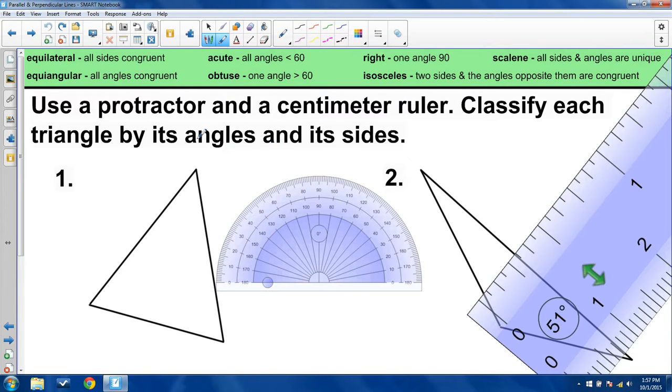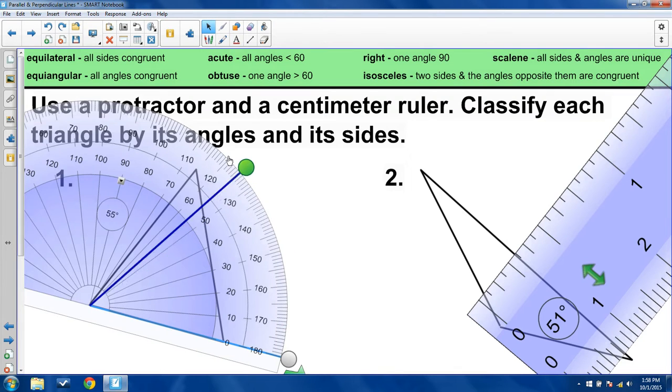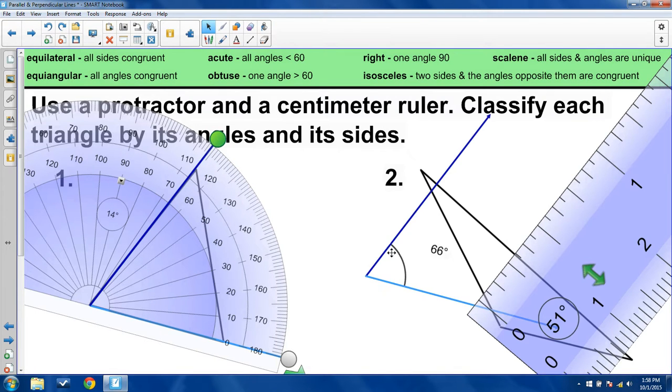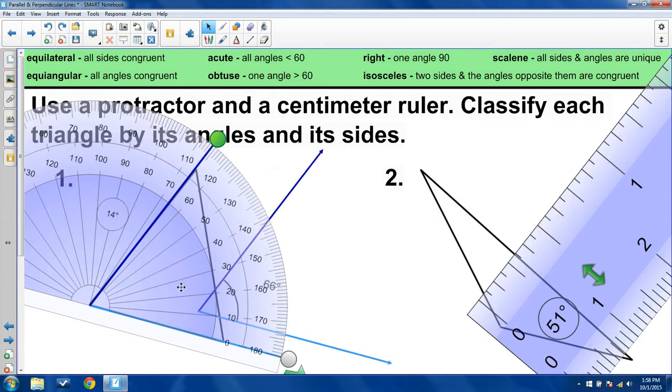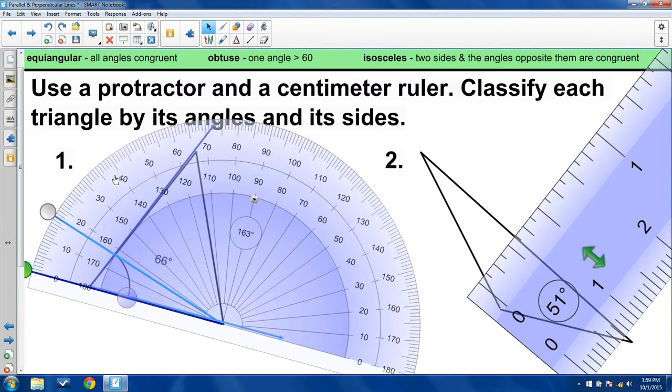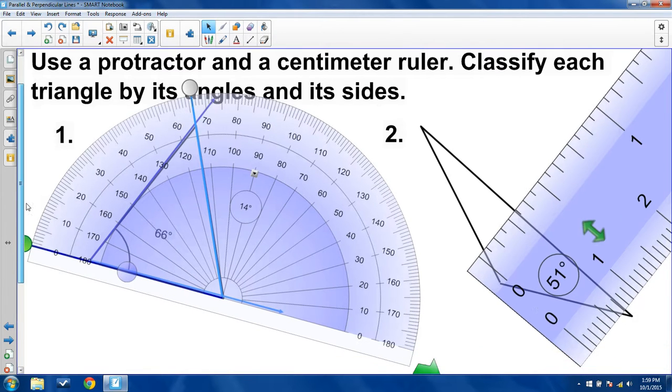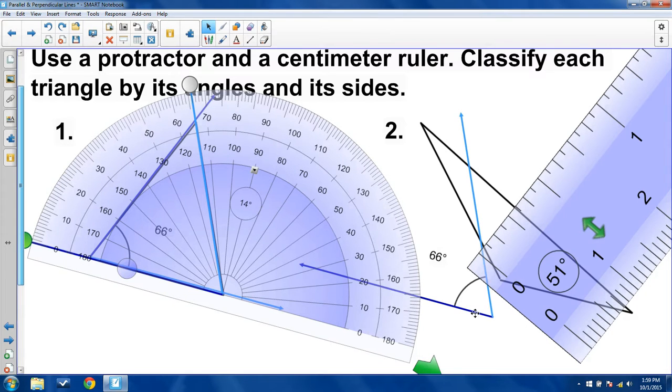So for number 1, I want to measure each of these angles and each of the sides. This first angle measures to about 66 degrees. This second angle right here also measures to about 66 degrees.